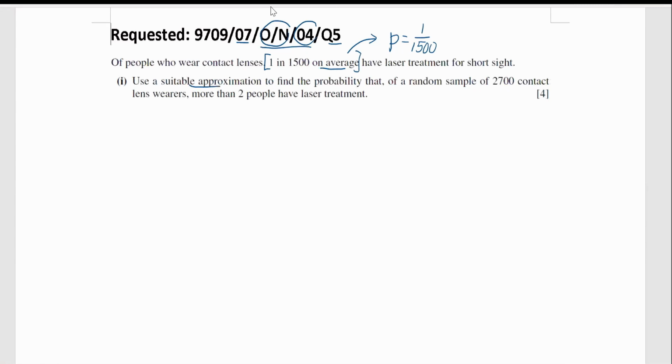Find the probability that of a random sample of 2007 contact lens wearers, more than 2 people have laser treatment. First, we know that this is a random variable, the number of people who wear contact lenses.